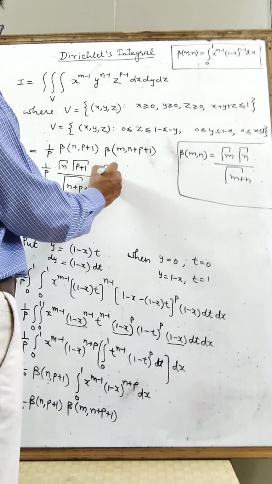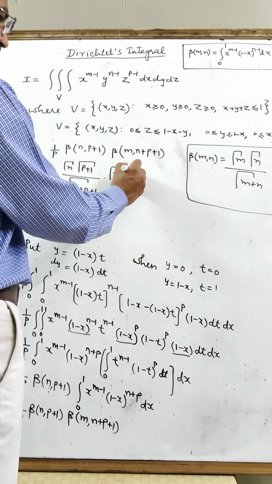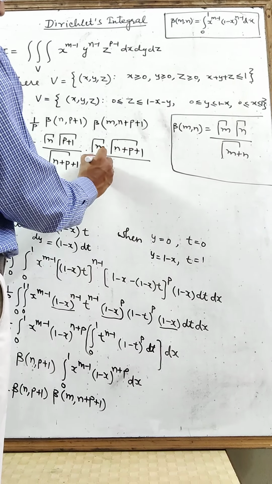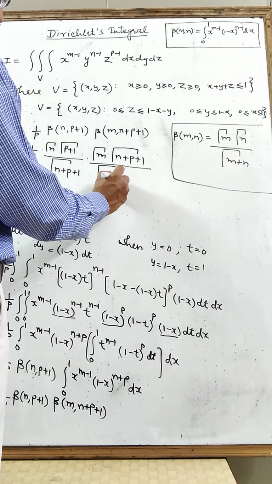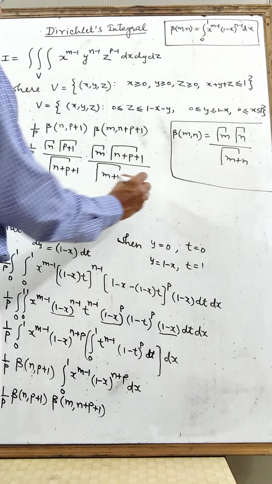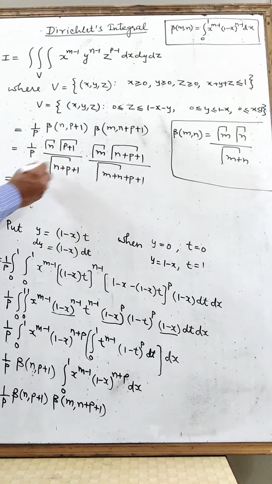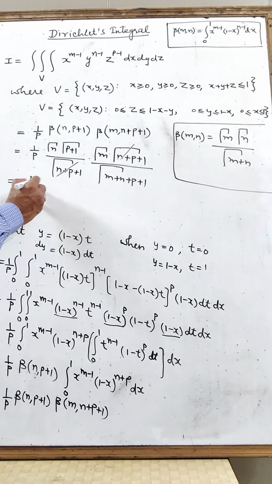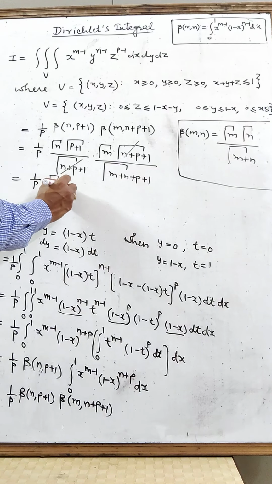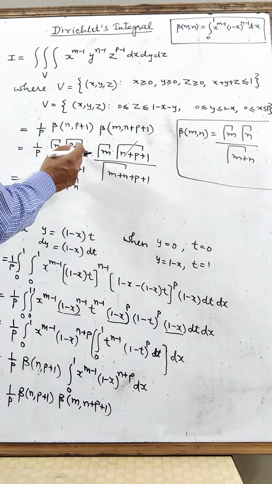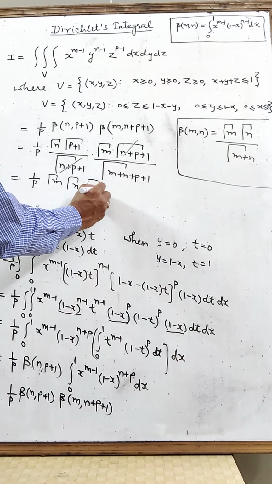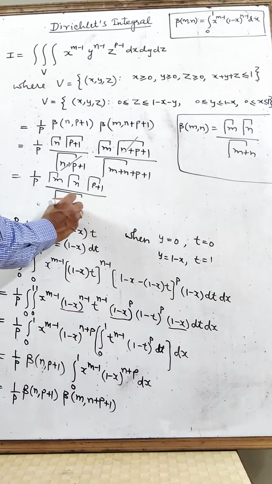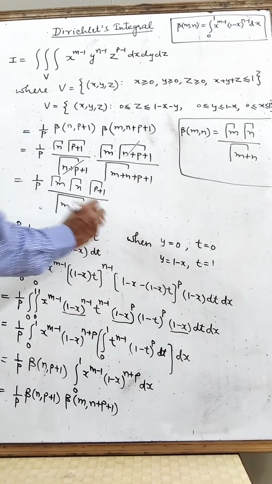It will become gamma of m, gamma of n plus p plus 1 over gamma of m plus n plus p plus 1, and it would be equal to, this would cancel out and we would be left with 1 by p, gamma of m, gamma of n, now it is gamma of p plus 1 over gamma of m plus n plus p plus 1.